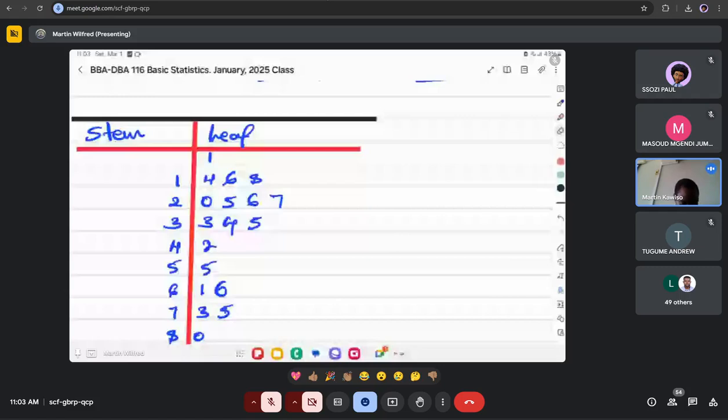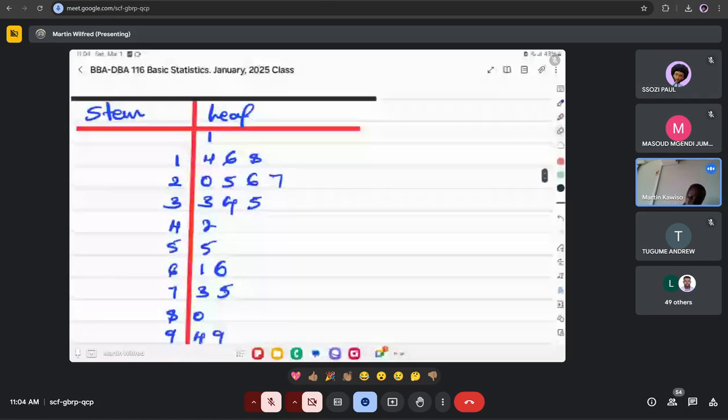Then the next smallest was 10. The stem captures the tens, the hundreds, the thousands. So that 1 is under the 10 because you read it as 14, 16, 18. When you get to 20, you can't pick the 2 under the 10, so you can't say 10, 20.